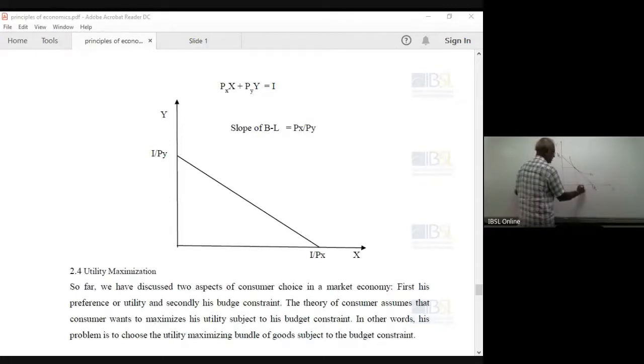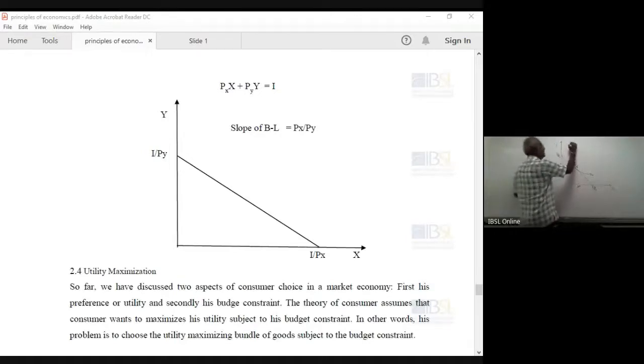X star, Y star. Point A. At A, the indifference curve and the budget line are tangent. So at that point, the units are X star, Y star. Then we can say X star, Y star is called the utility maximizing combination.